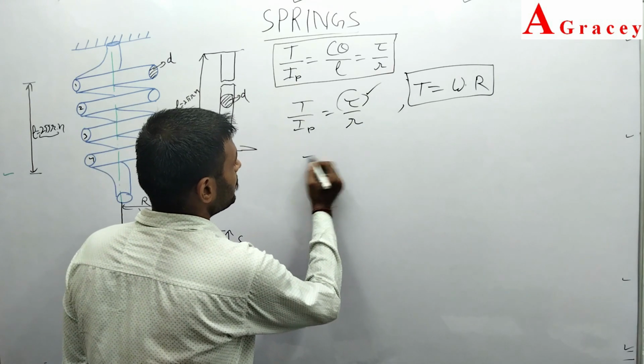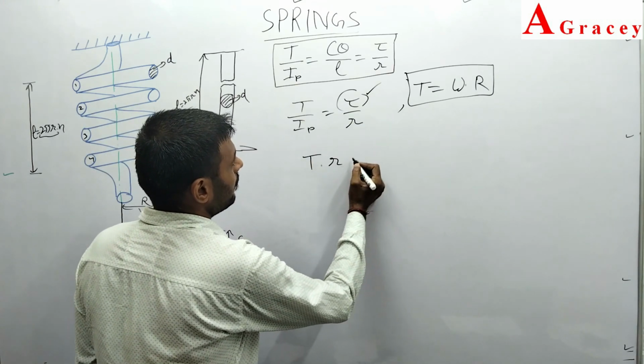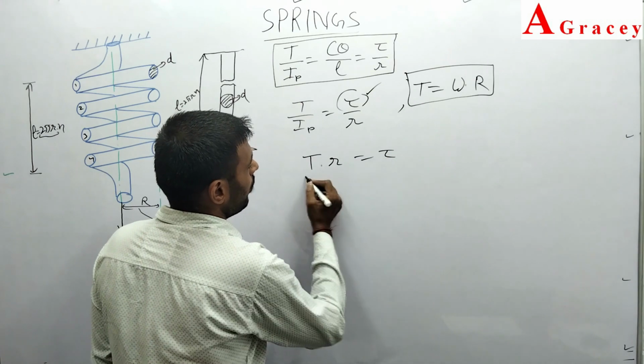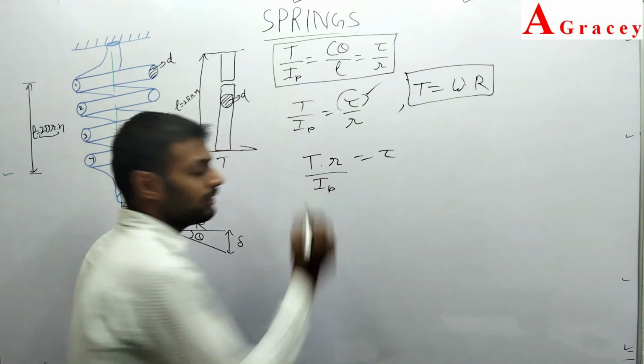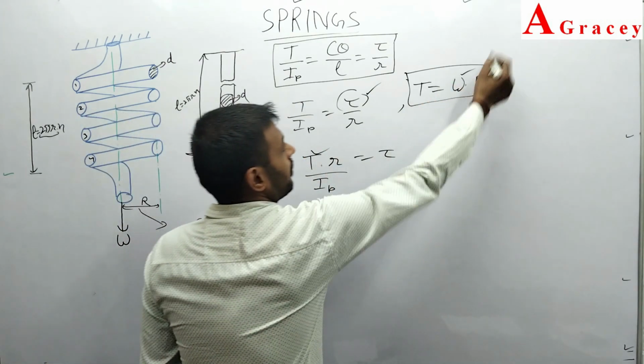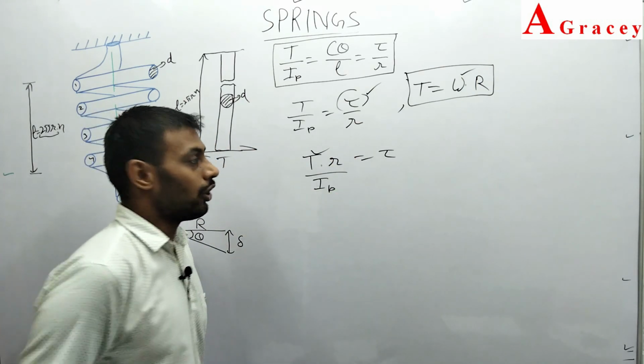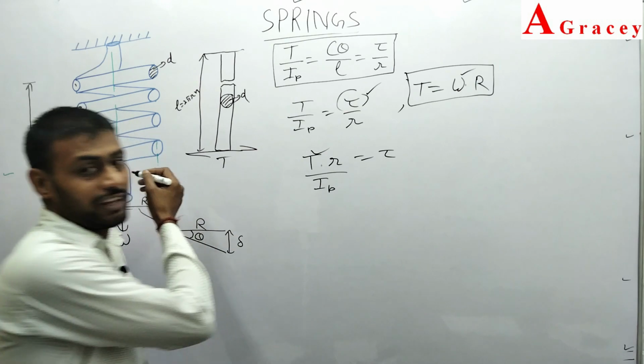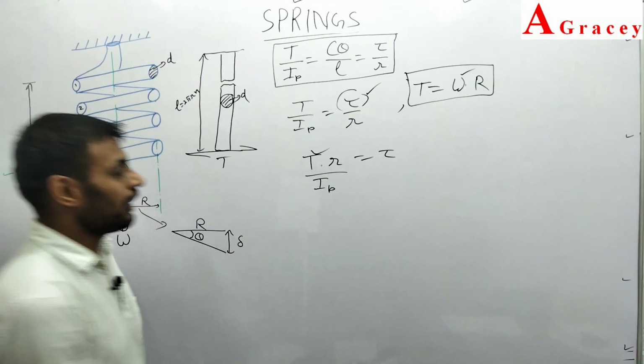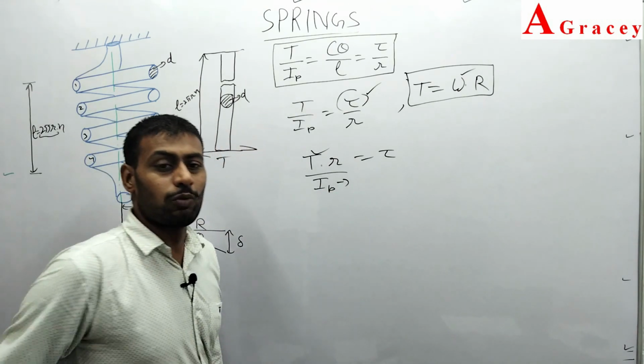Here T, which we identified as W into R, and R is not the radius of the shaft but the radius of the coil, and IP should be taken as the polar moment of inertia.